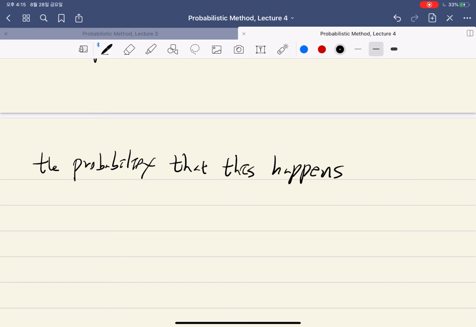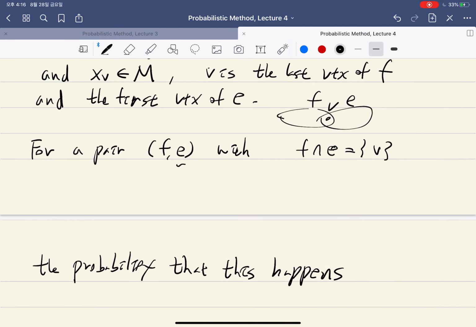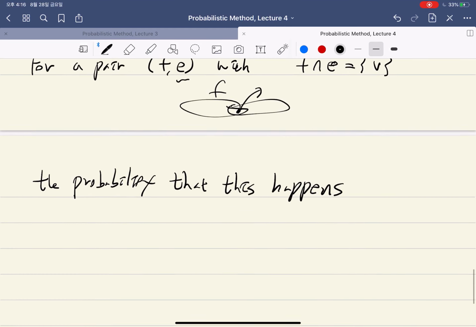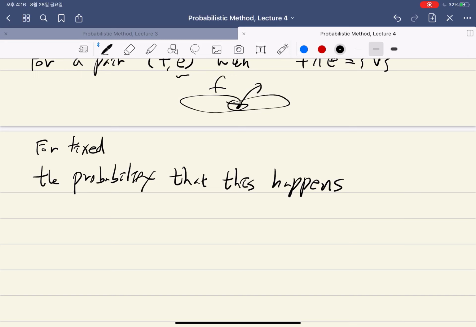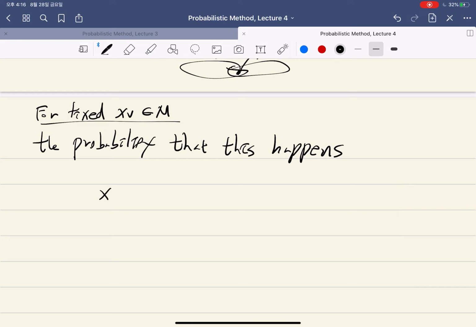This means E was not red monochromatic before, but F is blue monochromatic, and then you change the color of v, and now E becomes red monochromatic. So for fixed X_v in M, the probability that this happens is this.